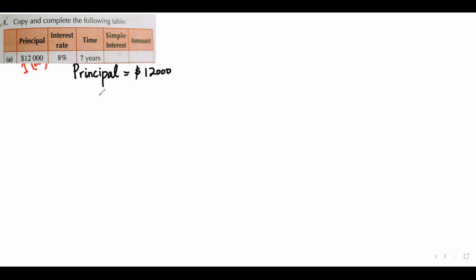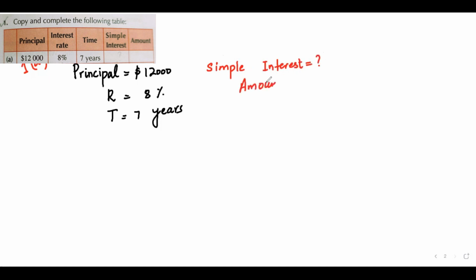The rate of interest R is given as 8%. And the time is also given, that is 7 years. What you have to find out is the simple interest, and the second thing is the amount.